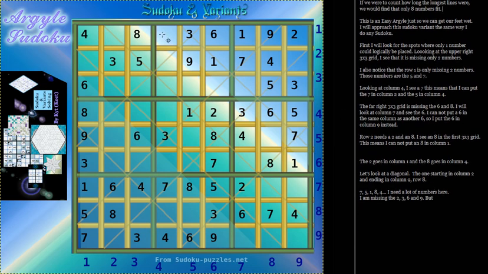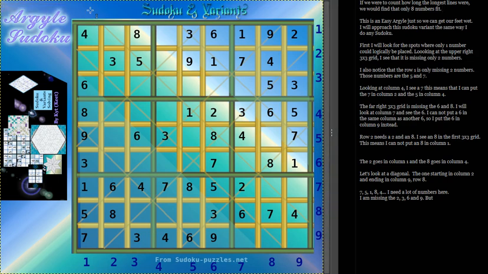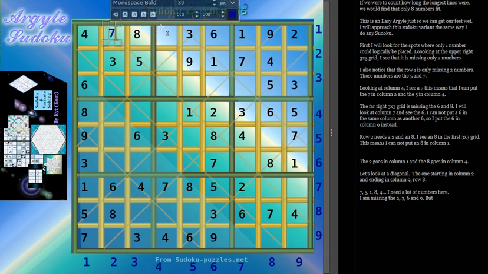Looking at column 4, I see a 7. This means that I can put the 7 in column 2 and the 5 in column 4. The far right 3 by 3 grid is missing the 6 and 8. I will look at column 7 and see the 6.